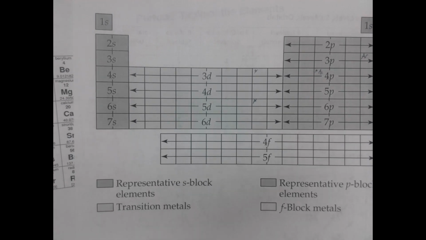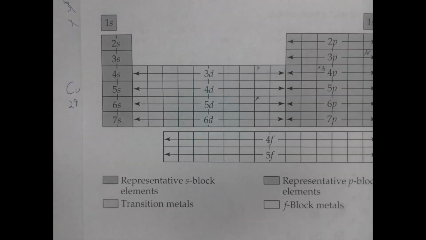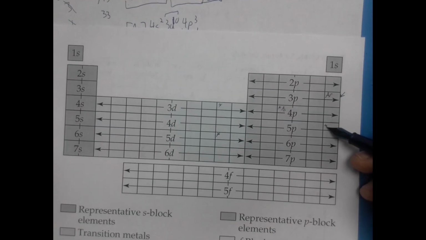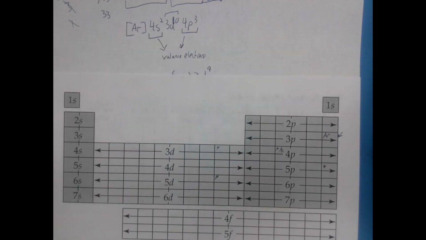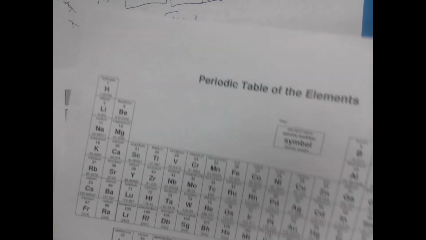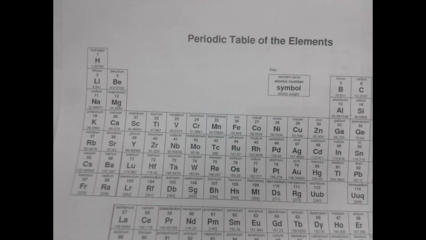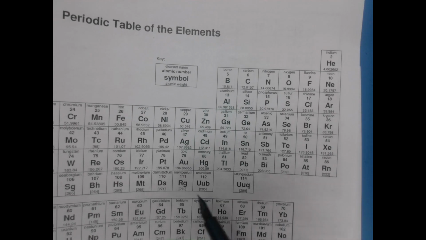So doing the noble gas notation for it, this will be the previous noble gas, which corresponds to xenon. So going back, xenon is the previous noble gas for gold.